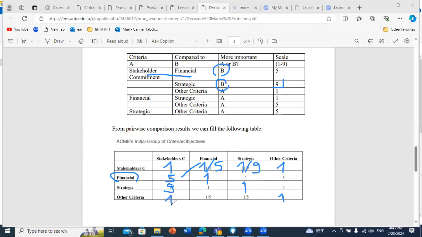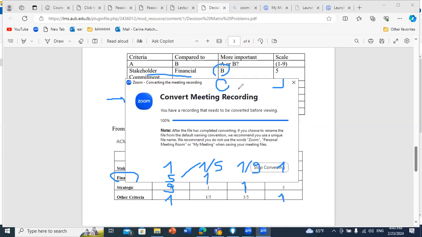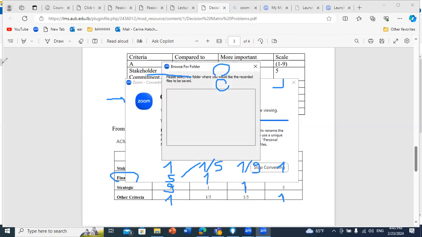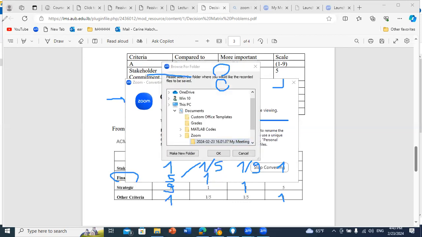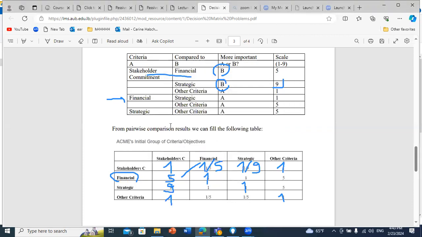Okay. And then I move to financial now. So financial versus strategic.